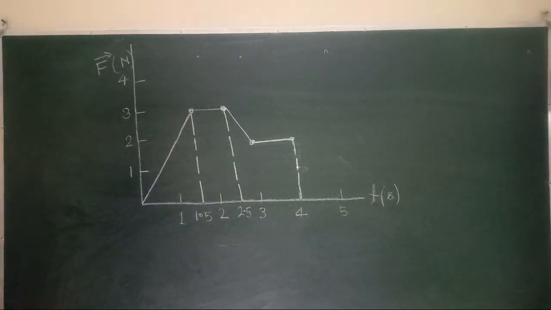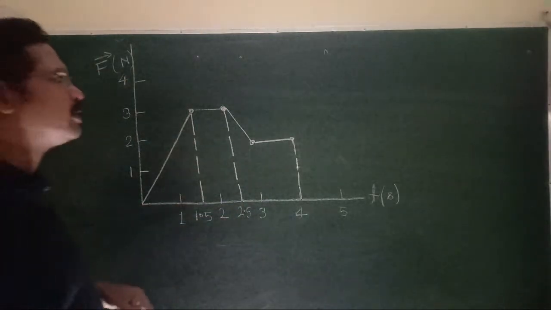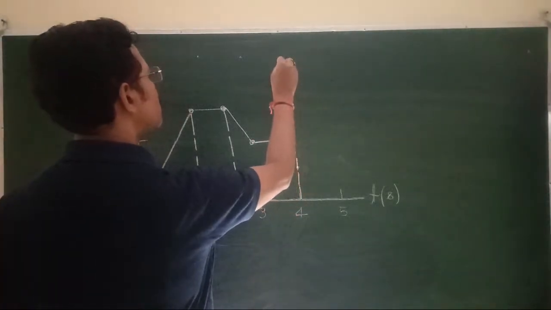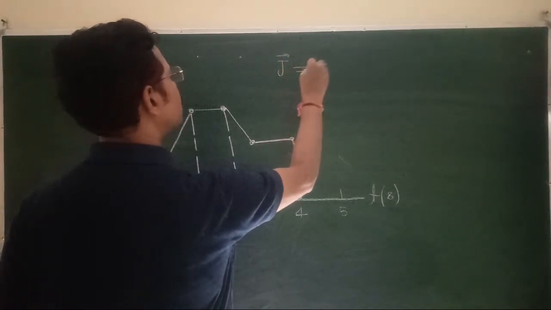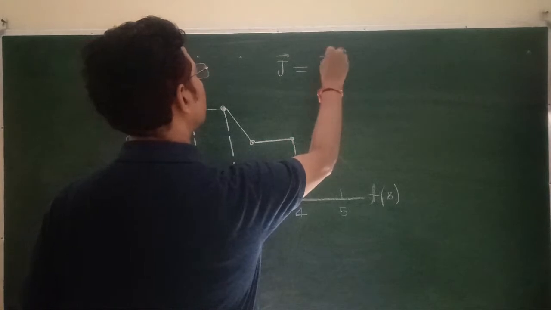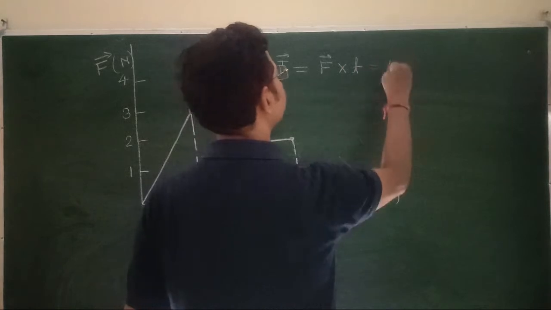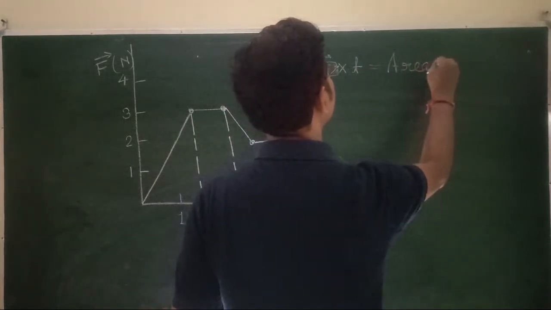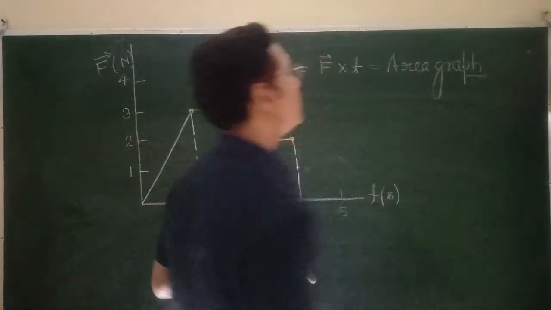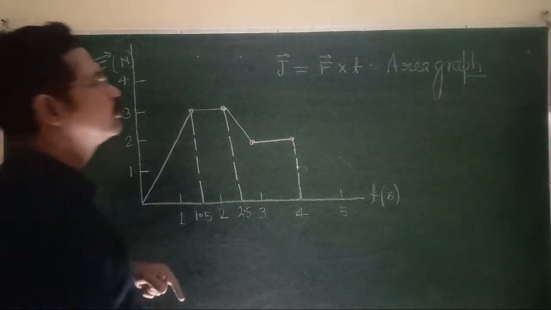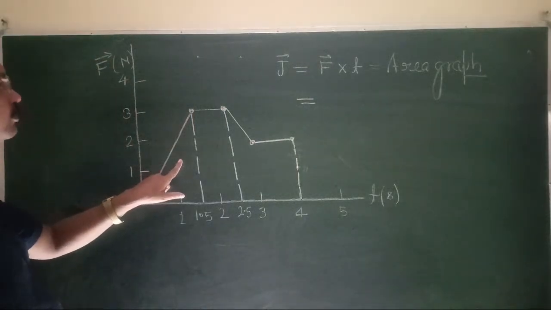You know, force into time gives the area. So impulse you can find by force into time, or area of the graph. Area of the graph. So there is what? Triangle.